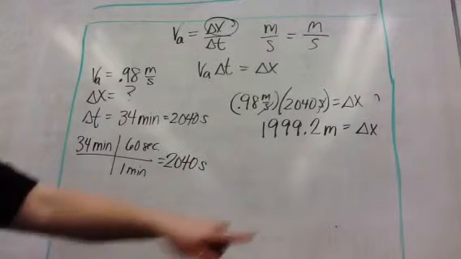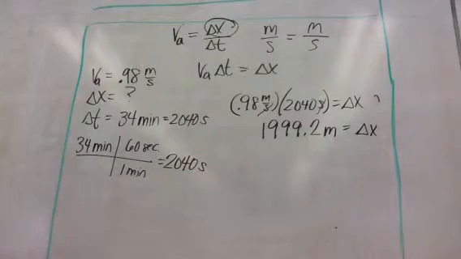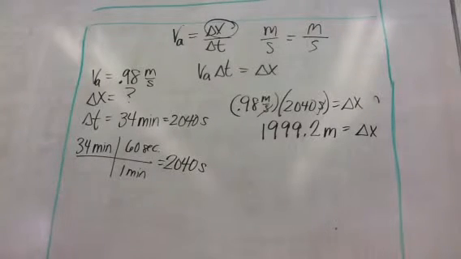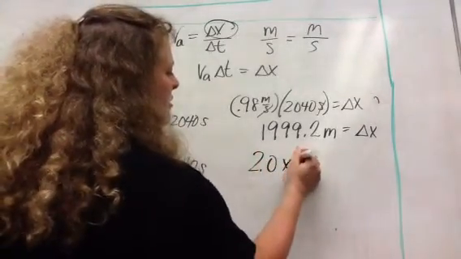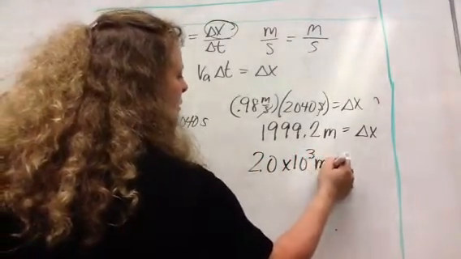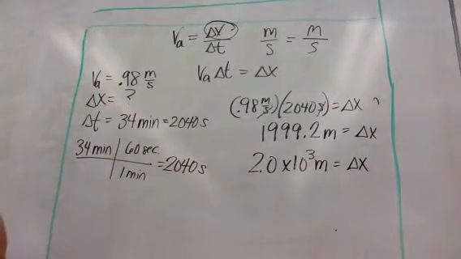Two. That's going to round to 2,000 meters, isn't it? How do we write 2,000 meters with 2 sig figs? What do we need to employ? Scientific notation. So 2.0 times 10 to the third meters is delta x.